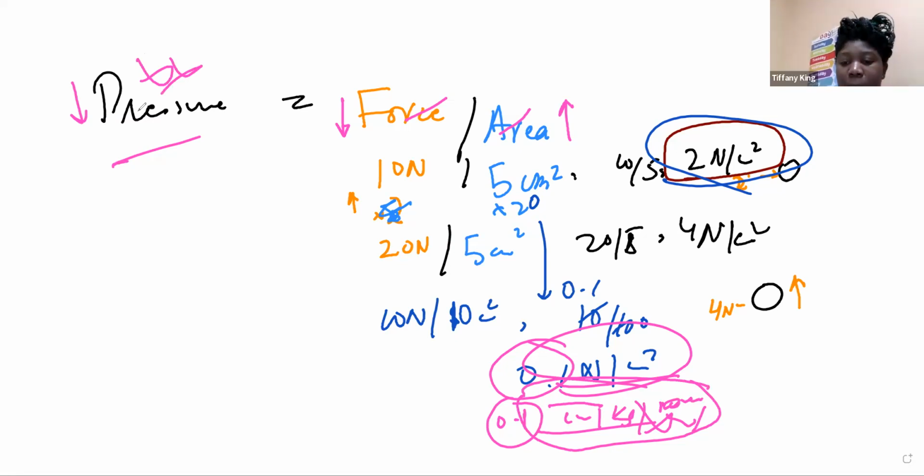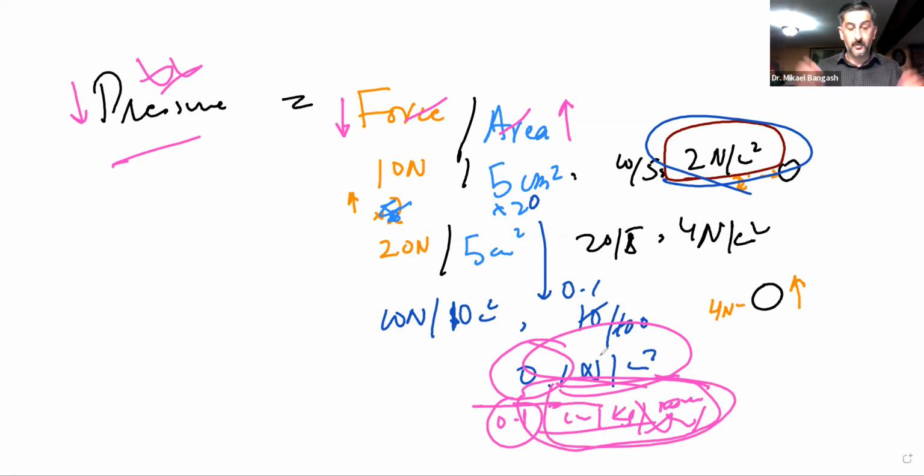Clear? So it's not good enough to just choose the numerically correct answer. If you choose one with the wrong unit, your answer is still wrong.